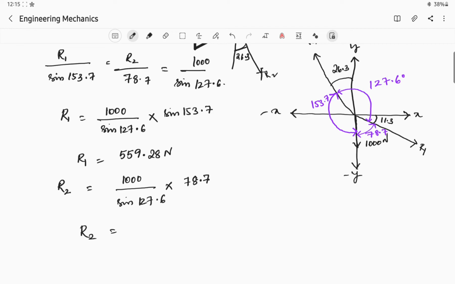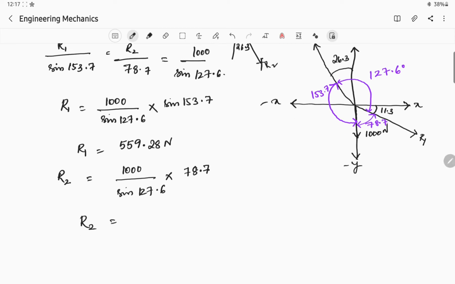So 1000 into sine 78.7 whole divided by sine 127.6, you'll get 1237.69 newtons.